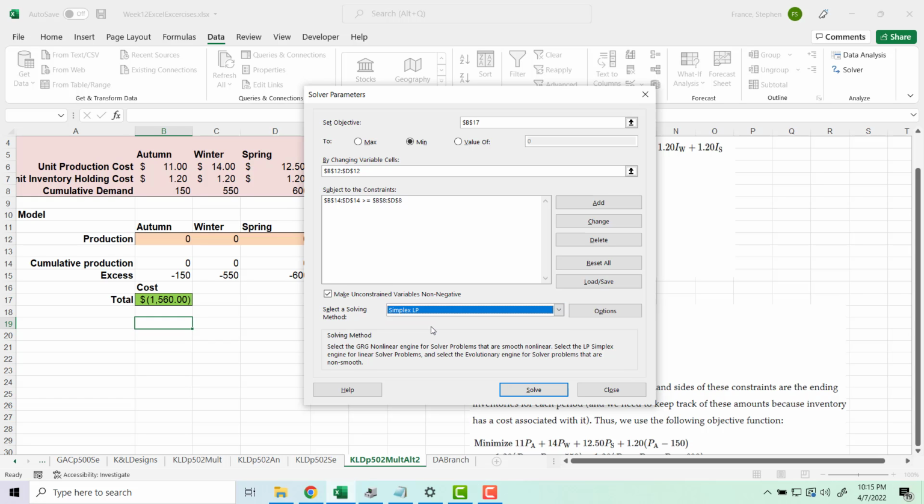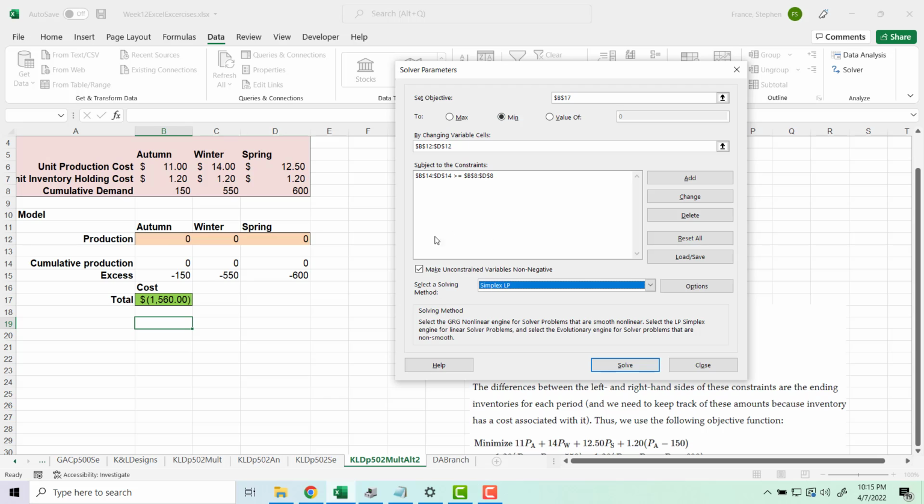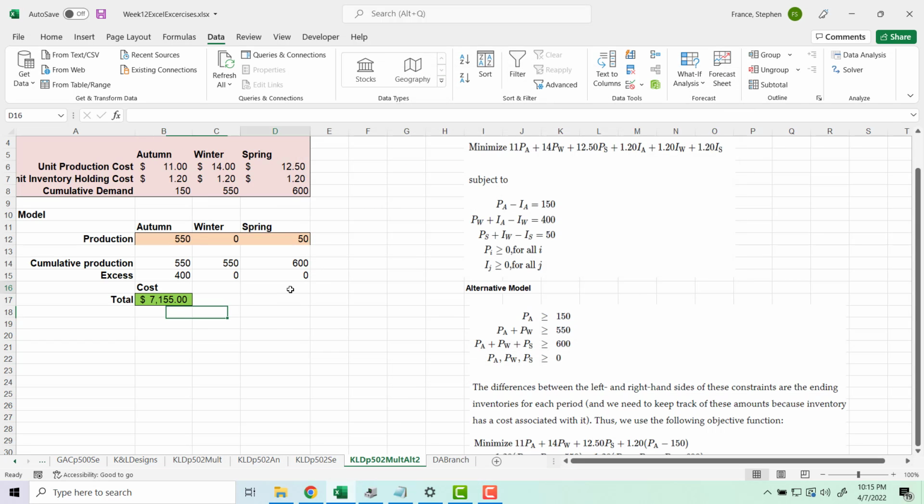And then we're going to make it a linear program. And this should actually give us the same result as last time. There we go, exactly the same result.